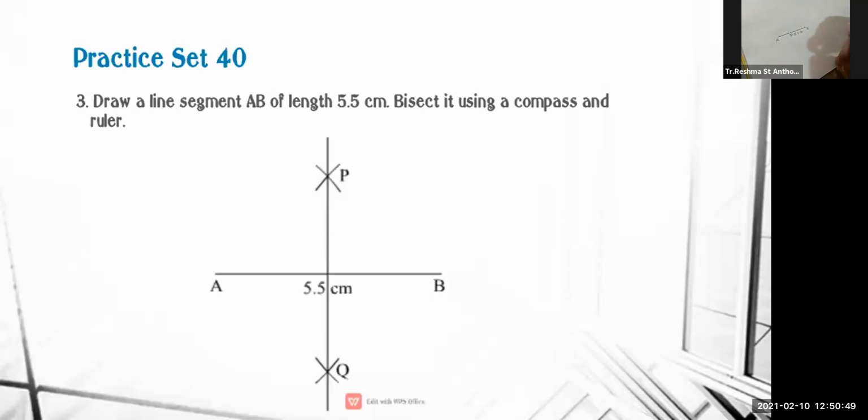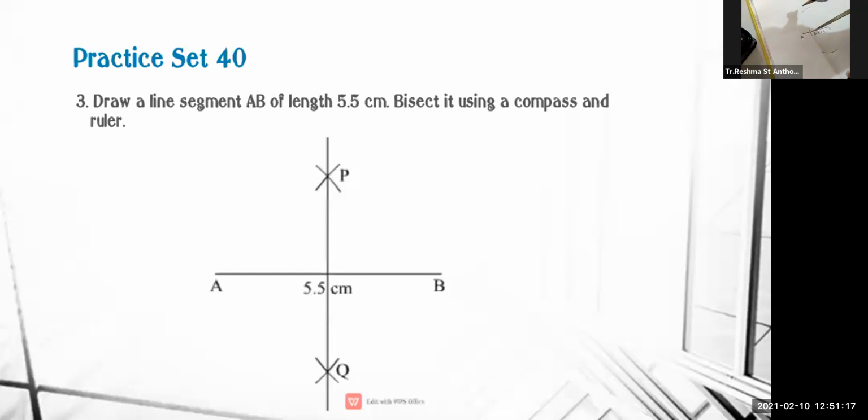Now here, same process. You have to put the compass on point A, more than half. More than half you have to take. You have to draw a cutting arc. Then from here also you have to draw a cutting arc. Then from here you have to take one arc upside and also downside.